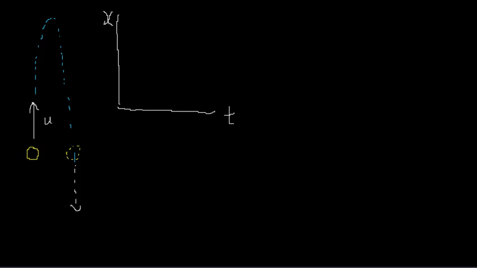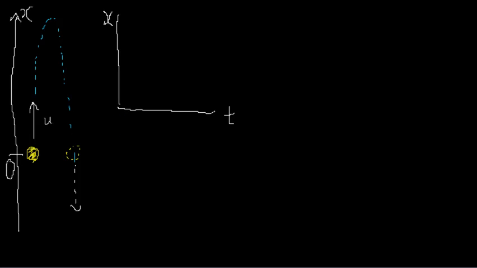I am going to take this as the start position, the 0 position of x, and I'm going to think of this as my x-axis, a bit crooked. That's my x-axis, and that's the ball.